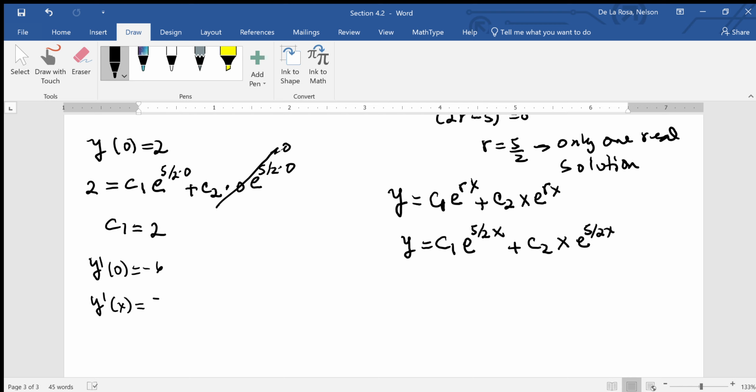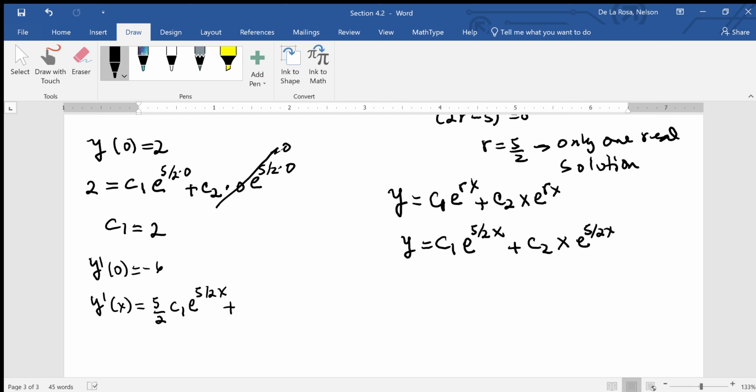We're going to have 5 over 2 C1 e to 5 over 2 x plus, then we have to apply the product rule in the second term, because the second term is C2 x times the exponential. Derivative of the first times the second, plus derivative of the second times the first.